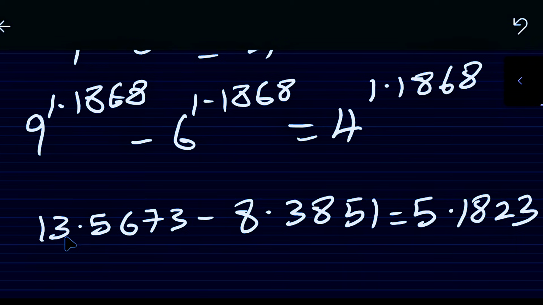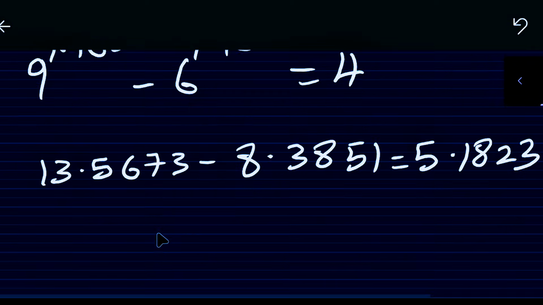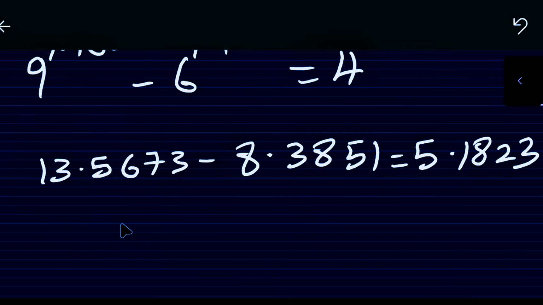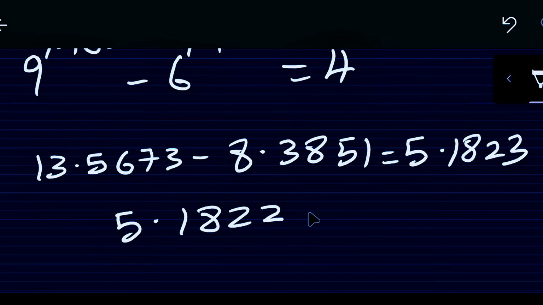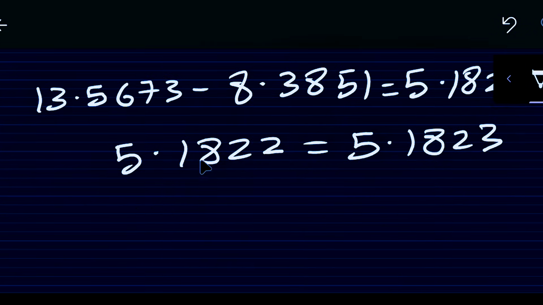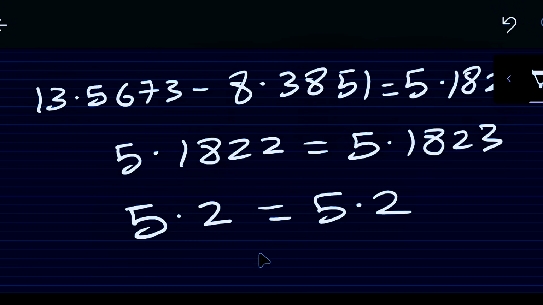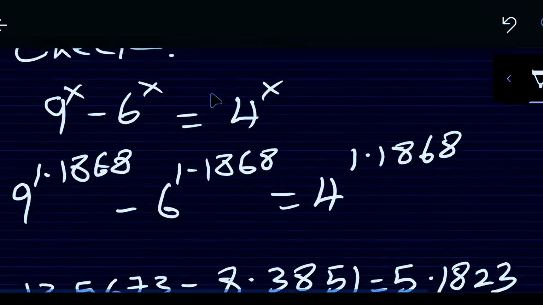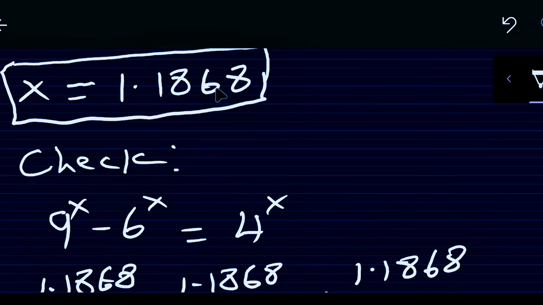If you subtract, you are going to have approximately 5.1822, and this equals 5.1823. If we take the approximate of this number, we are going to have 5.2, which is equal to 5.2 as well. So you can see that the value of x, which is 1.1868, satisfies this given equation.